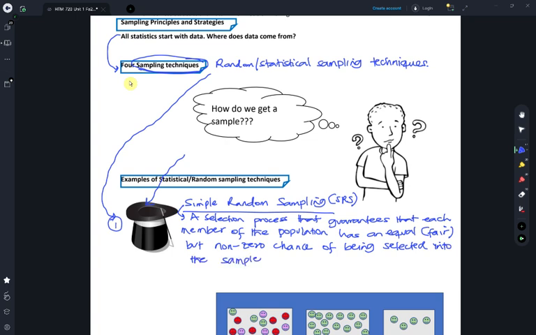You've seen examples of simple random sampling when a raffle draw is used to select winners. That would be a very good example of simple random sampling.